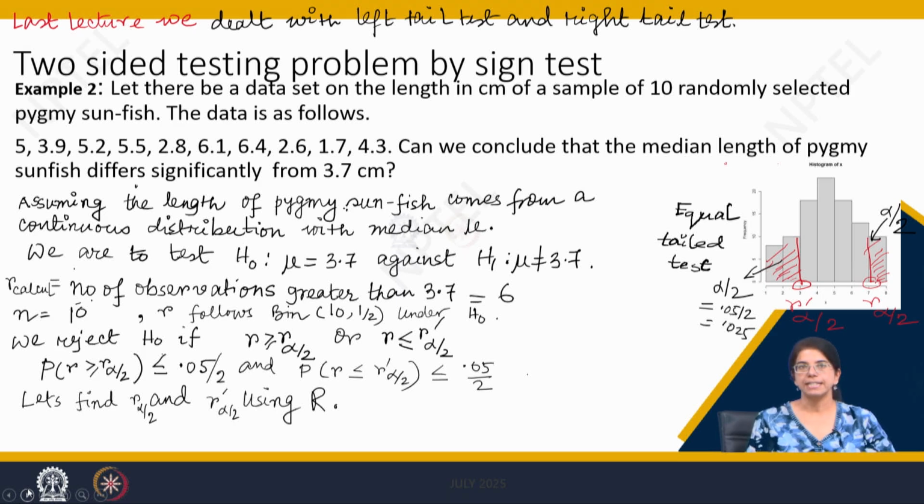The data is as follows: 5, 3.9, 5.2, 5.5, 2.8, 6.1, 6.4, 2.6, 1.7 and 4.3. Can we conclude that the median length of pygmy sunfish differs significantly from 3.7 centimeters?